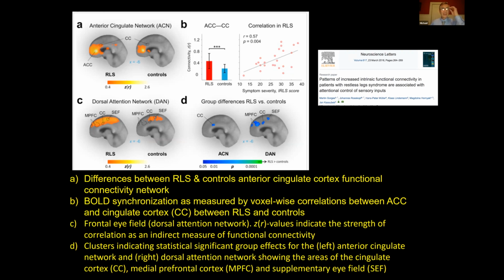This has been one of the things we've been looking at with fMRI, that if people have a greater level of activity, we see this in people with chronic fatigue syndrome. If you take a chronic fatigue person and ask them what time they go to sleep at night, how many minutes it took them to fall asleep, and if we take a healthy control, we get very different answers.